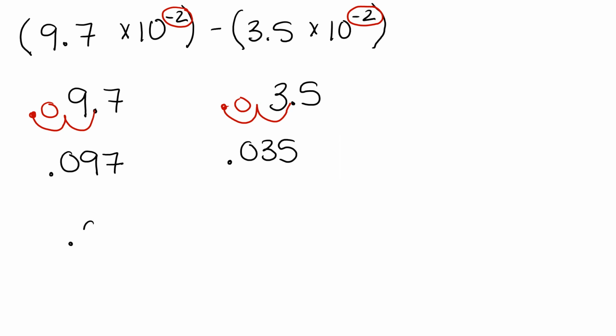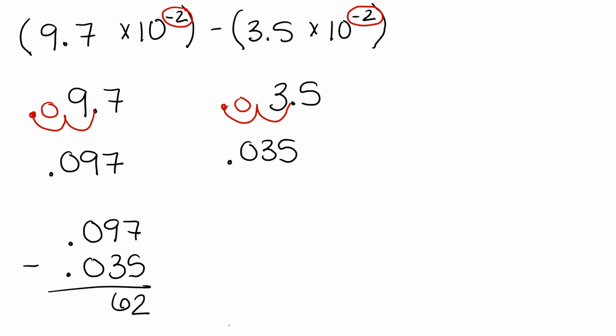Now we're going to take those numbers and we're going to subtract them. Notice how we line the decimals up in a straight line. 7 minus 5 is going to give us 2. 9 minus 3 gives us 6. 0 minus 0 is 0, and we bring that decimal point straight down. We have an answer of 0.062.